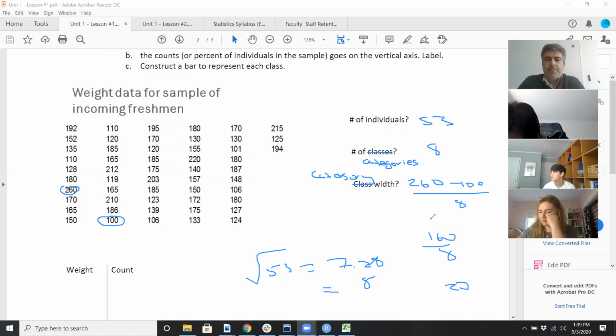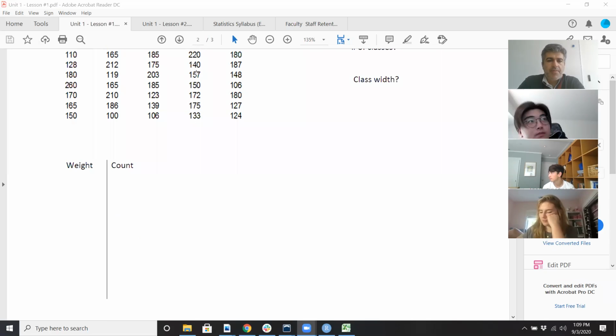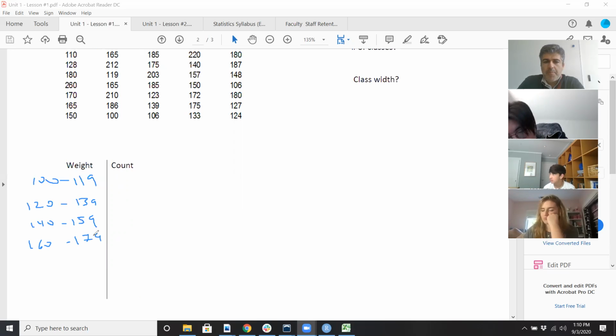So what we're going to do is 8 categories. 100 to 119, 120 to 139, 140 to 159, 160 to 179. You kind of get the point of what I'm trying to do here. I'm not going exactly by 20 because I don't want to overlap.